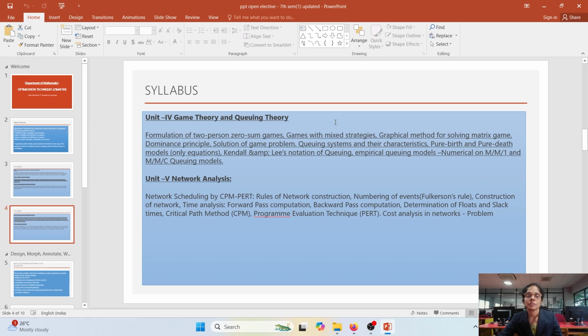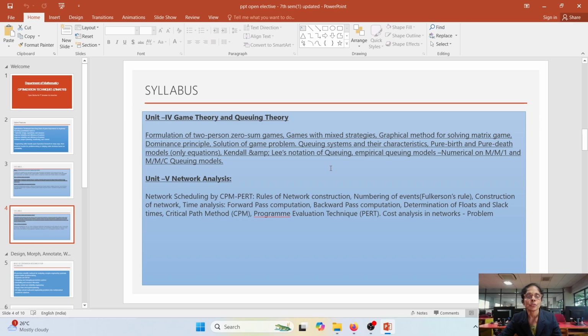Okay. Next, the fourth unit is game theory and queuing theory. In game theory, we are learning formulation of games, games with mixed strategies, and solving the games by graphical method, dominance principle, and so on. And in queuing theory, we are learning its characteristics, pure birth and pure death models, Kendall's notation, Lee's notation of queuing, empirical queuing formula, and numericals on M/M/1 and M/M/C queuing models.